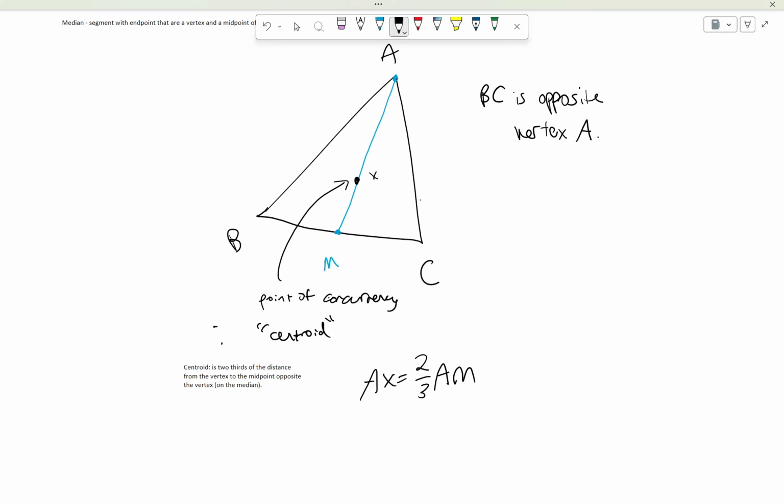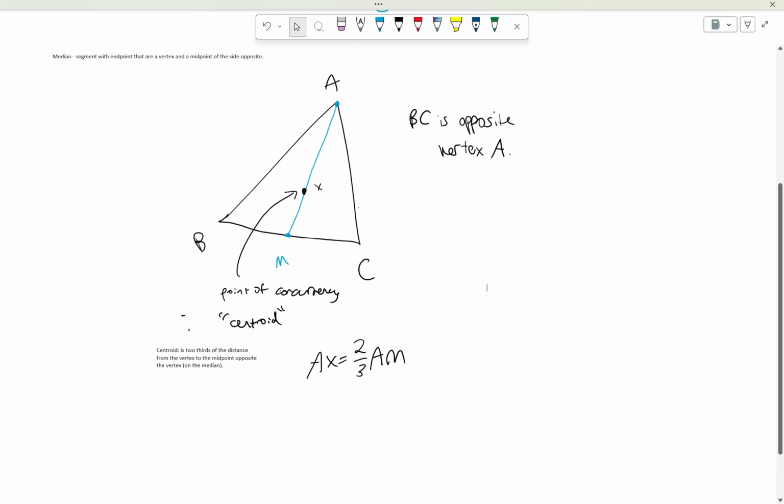So, for example, let's say AM is equal to 6. AX would be equal to how much? Well, it's 2/3 of 6, so 4. All right? 2/3 of it. So, just a little example there.